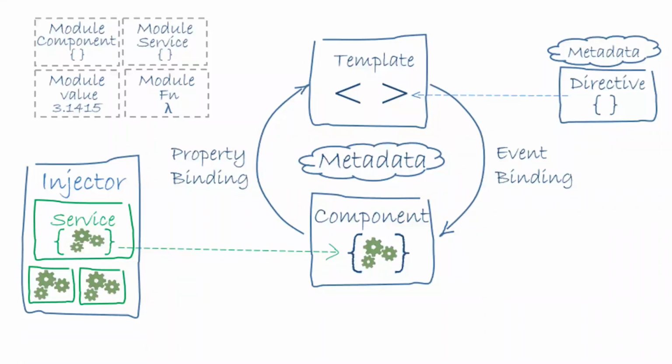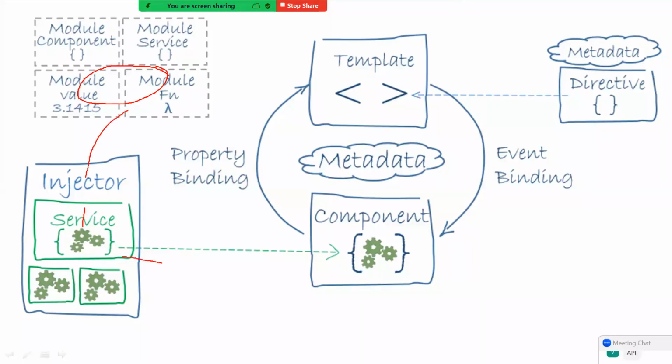What are those? We have modules, functions and so on. They are injected into service. Service is injected into the component, and the component is designed into a template. The component works with two mechanisms, property binding and event binding, the two-way technique.